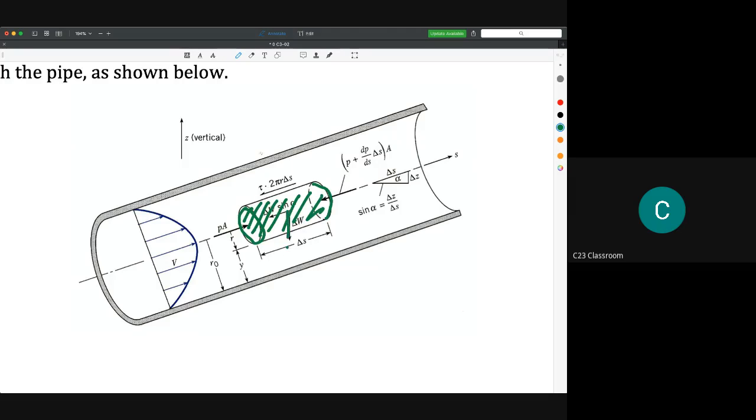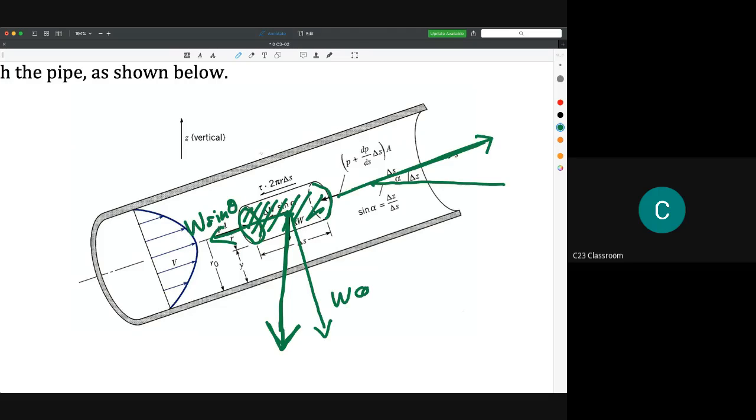The weight acts vertically like this, and our plane here is actually inclined at a certain angle, as shown here. So the force from gravity has its components like this: W sine theta here, and W cos theta here. I think you can imagine this.